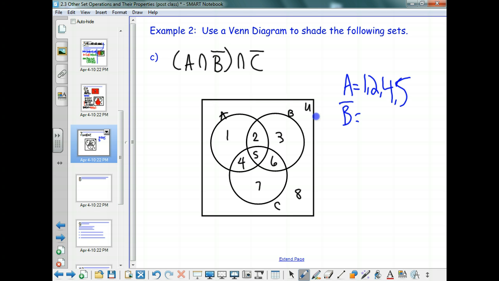Everything that's not in B. So what numbers would that include on this diagram? 1, 4, 7, 8. Perfect. 1, 4, 7, and 8. Oops, no 3. I'm kidding. You're good. You get to practice the eraser. That's a good thing to practice. 1, 4. What else does she need? 7, 8.